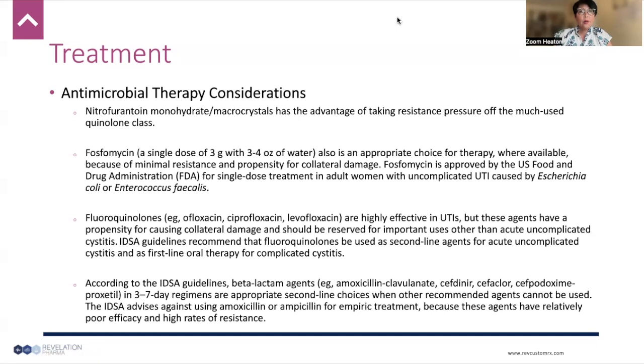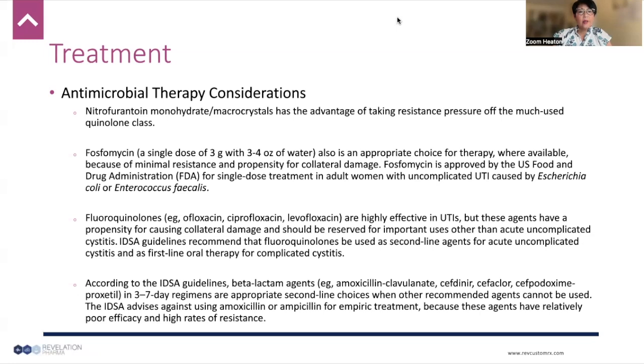Resistance to ciprofloxacin was 1.8% in first-time UTIs versus 11.8% in recurrent UTIs. So it's good to consider nitrofurantoin as a first-line agent for uncomplicated lower UTIs.